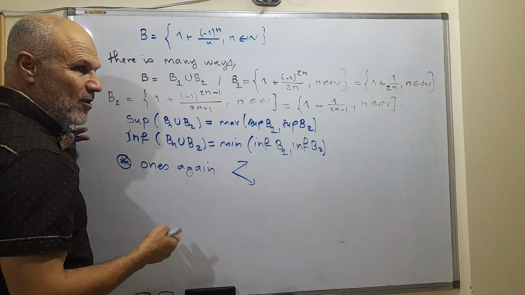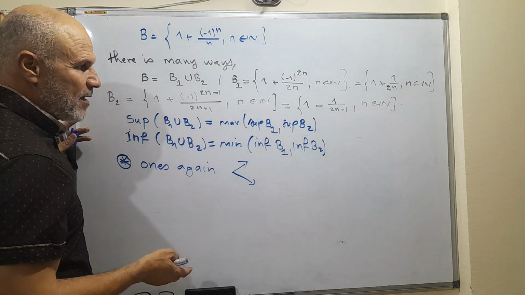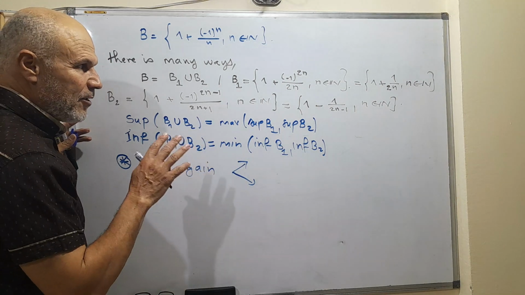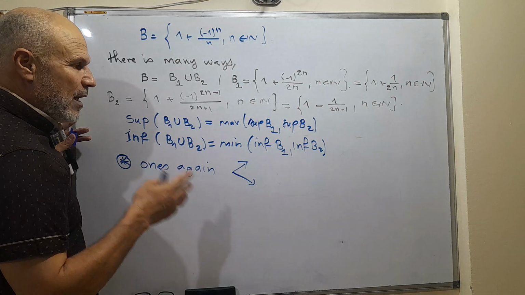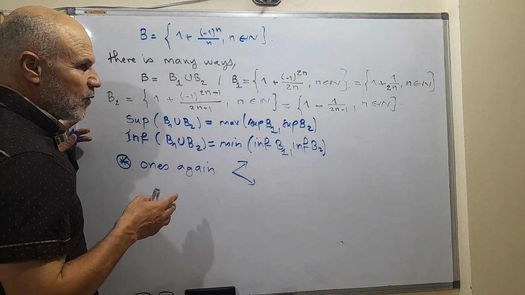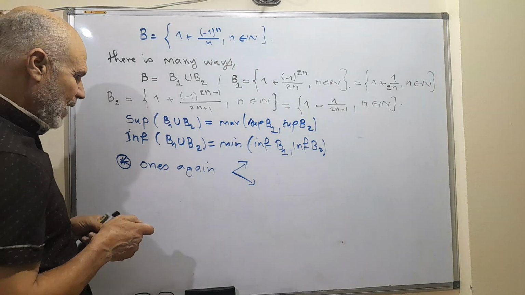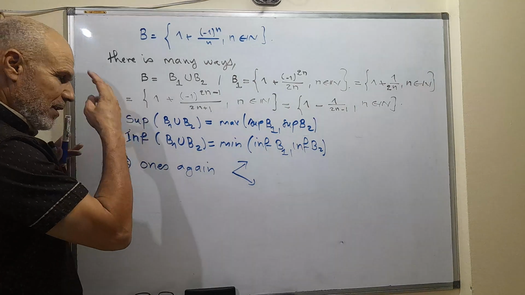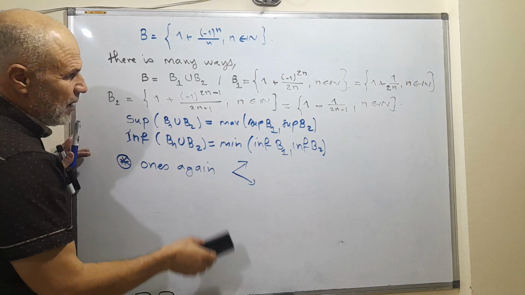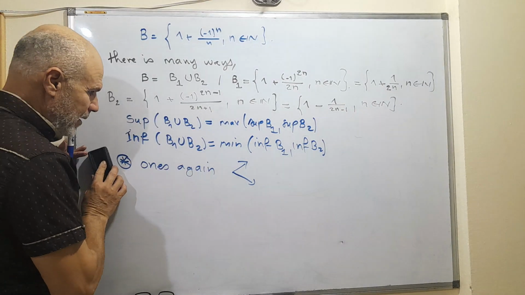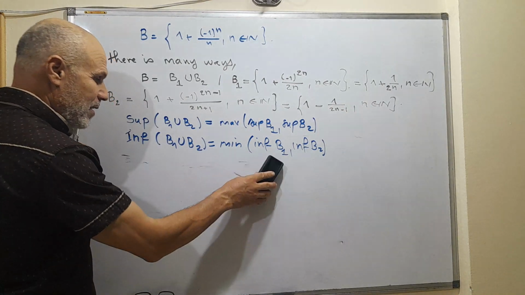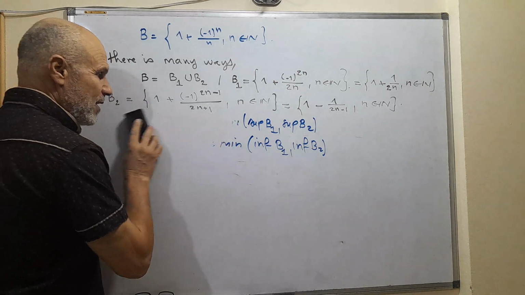So I will suppose that we are not familiar with sequences, and we will deal just with sets. So keep this in mind, and let us deal without using sequences.